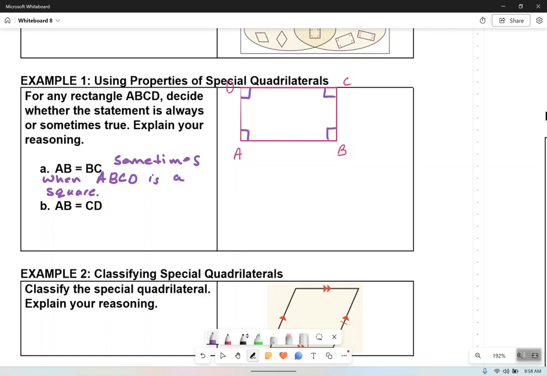These two sides are always opposite of each other, right? What's true about opposite sides in any parallelogram or any rhombus or any square or any rectangle? They're the same. So what about that statement? Will it always be true or sometimes be true? This will always be true the way it's drawn, right? Okay. And you don't really need to explain that. All right. I could just say opposite sides are always what? Okay. Does that question make sense to you?